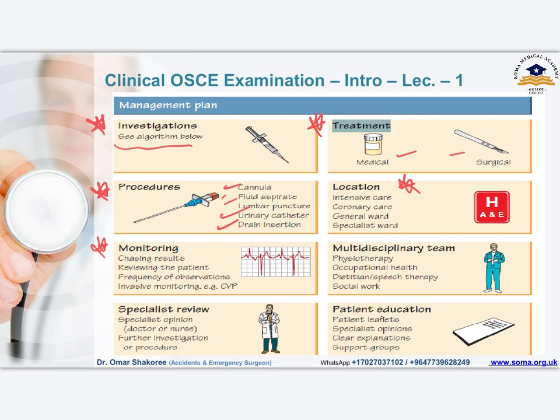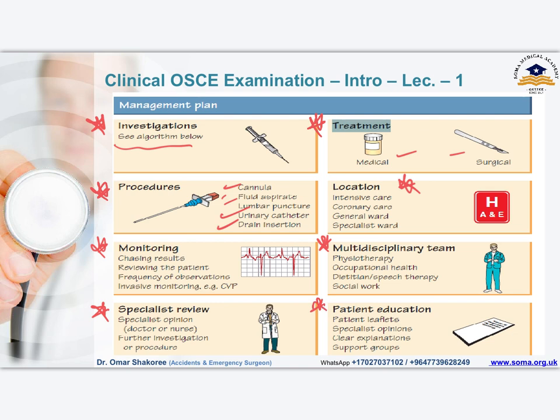And we will also decide on a multidisciplinary team or ask for consultation of other branches, like if I am a GP, general practitioner, or an emergency physician, I will ask for a general surgery or general medicine opinion about the patient's condition, like a specialist review, doctor or nurse, and patient education.